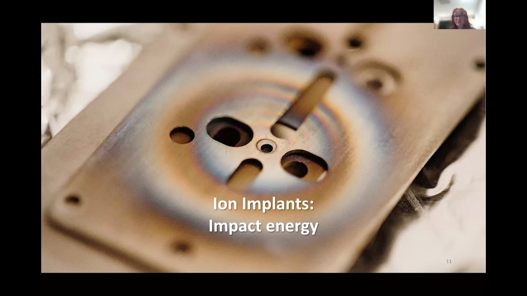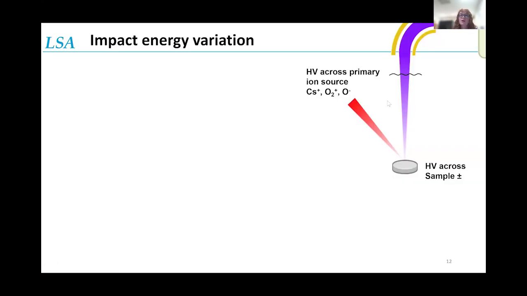Another thing that we have to be aware of when we are analyzing ion implants is the impact energy. We are able to change the voltage that we put onto the primary source and the voltage that we put onto the sample.